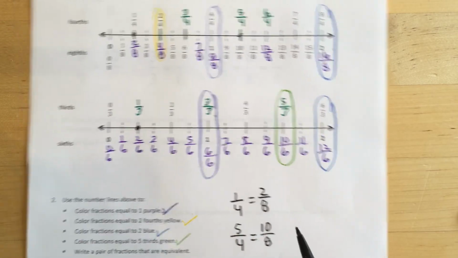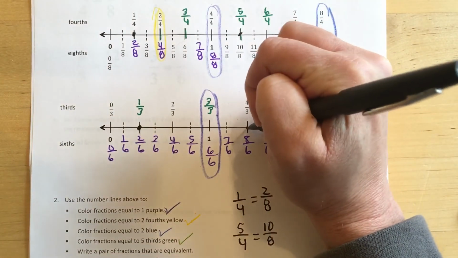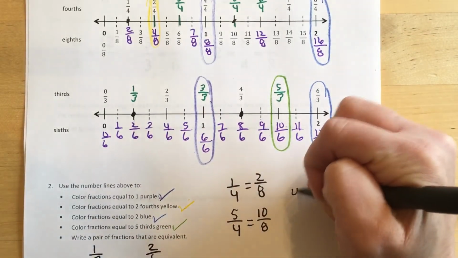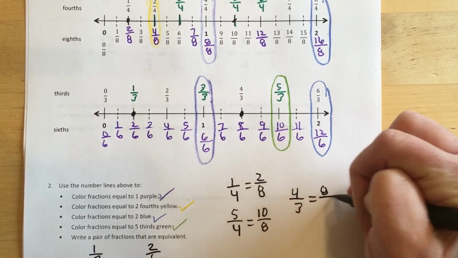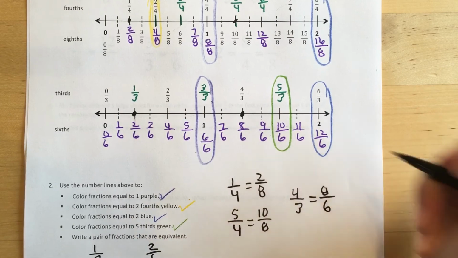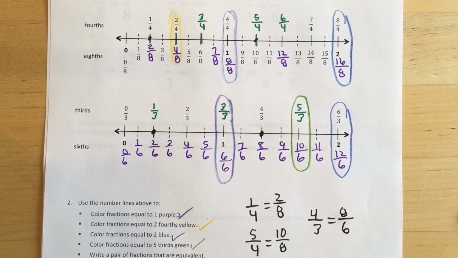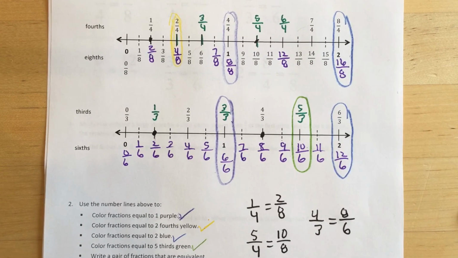Let's go down to our thirds and sixths line, one that we haven't seen. What about this one? 4/3 and 8/6. So I can say that 4/3 is equivalent to 8/6. So this week, boys and girls, you are going to be using number lines to plot and identify equivalent fractions.